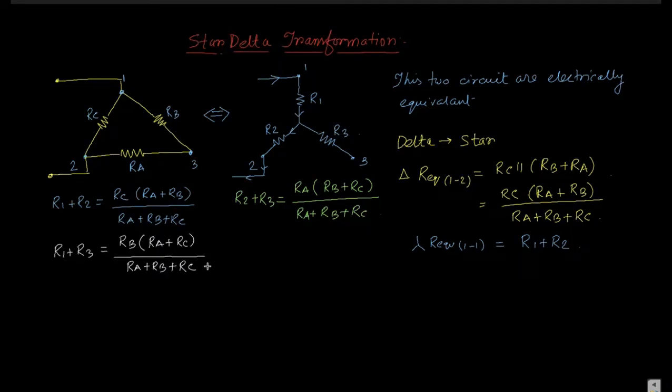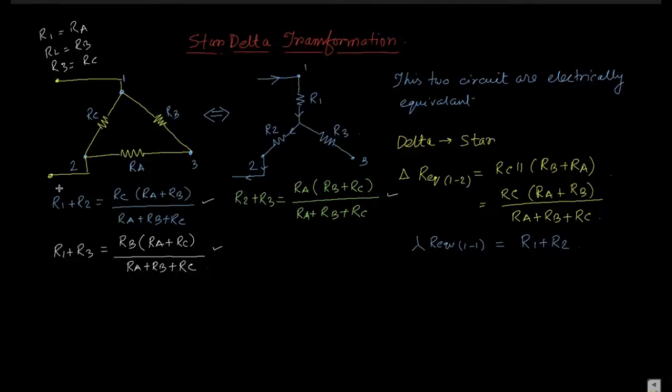Okay. There are three expressions. How can you keep these three expressions in your mind? What is the trick? R1 is related with RA, R2 is related with RB, and R3 is related with RC.